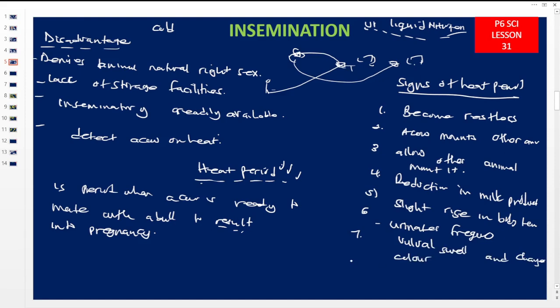The vulva swells and changes color. 8. It makes a lot of noise. 9. It has what we call a mucus discharge from the vulva. And lastly, it puts the tail aside to enable the vulva to be seen by these other bulls.